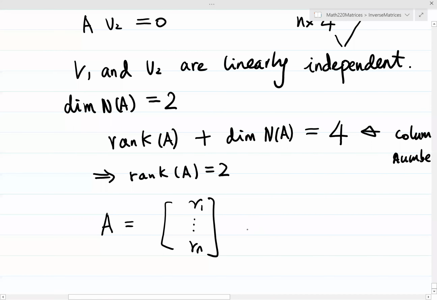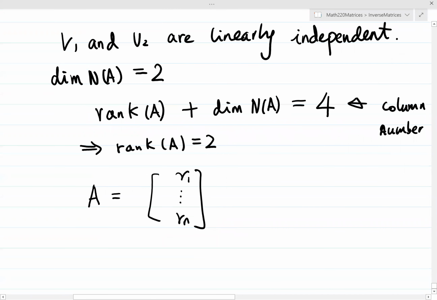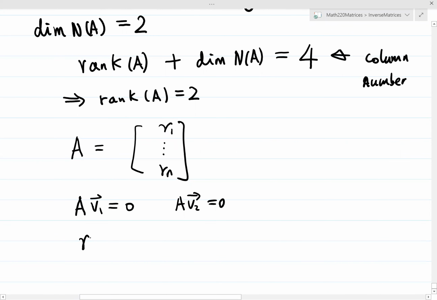We need to make sure that AV1 and AV2 are 0. So for any row vector Ri, the dot product of Ri with V1 is 0, and the dot product of Ri with V2 is 0.